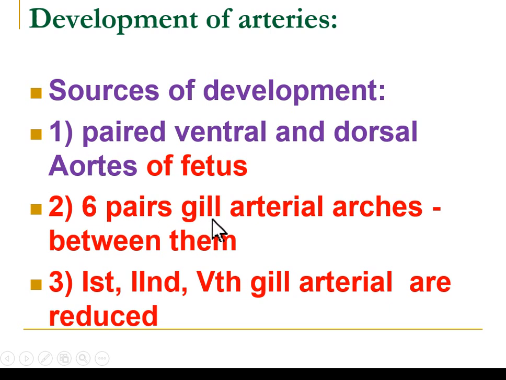Those ventral and dorsal aortas are connected by 6 pairs of branchial arterial arches. During the development, the first, second, and fifth branchial arterial arches are reduced.